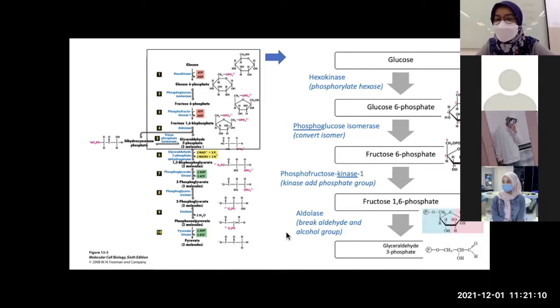So aldolase will break aldehyde and alcohol group. So aldo is the aldehyde, the ol is the alcohol group. So this is what happened. Let me zoom it a bit.